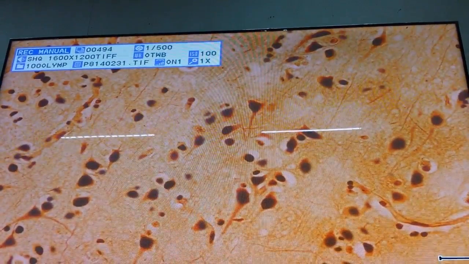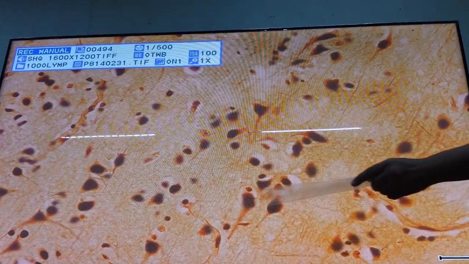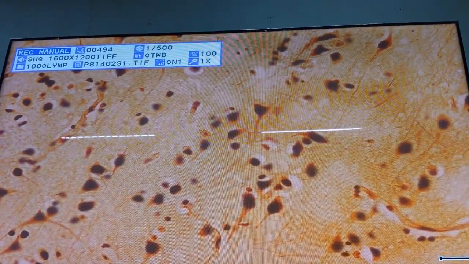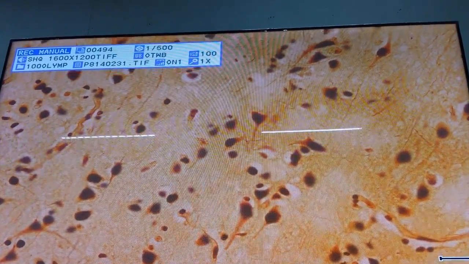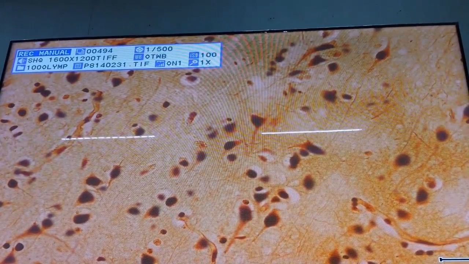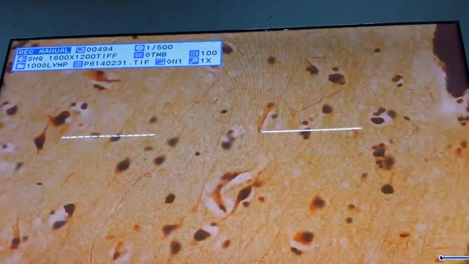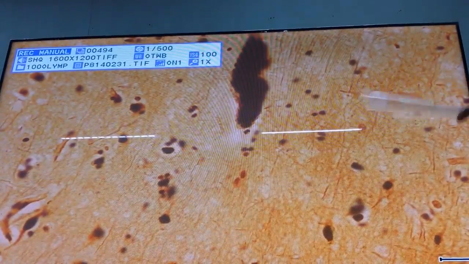And then this one would be the layer of the internal pyramidal, wherein we have large pyramidal cells. And then here in this portion would be the fusiform, wherein we are very near the white matter.